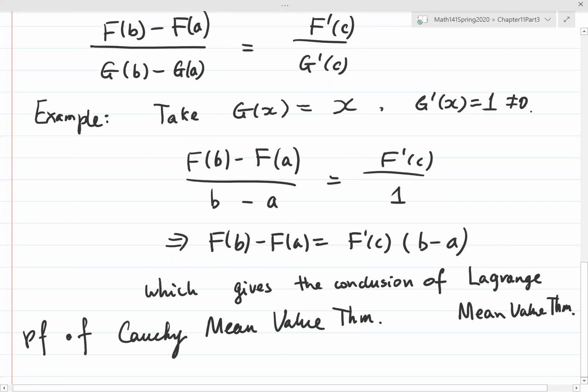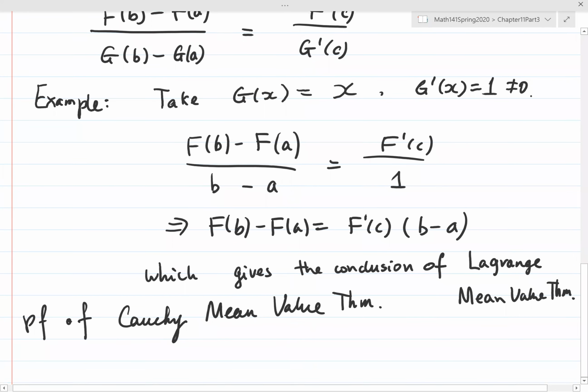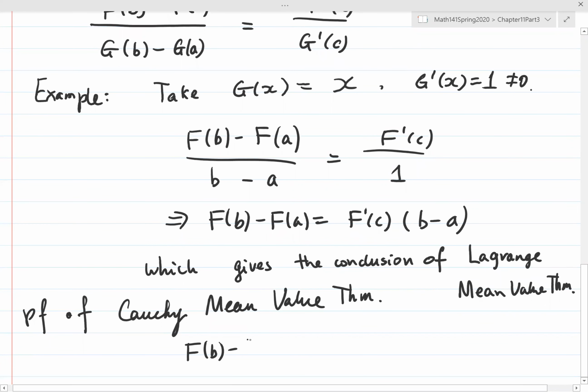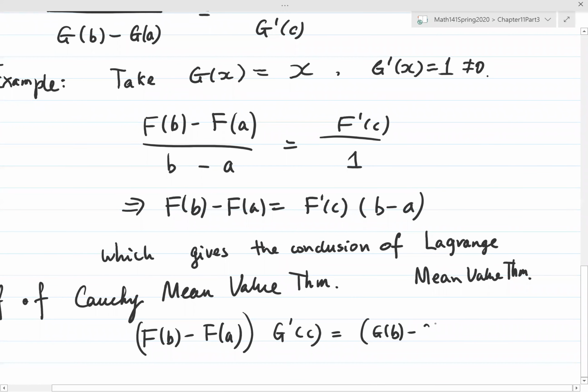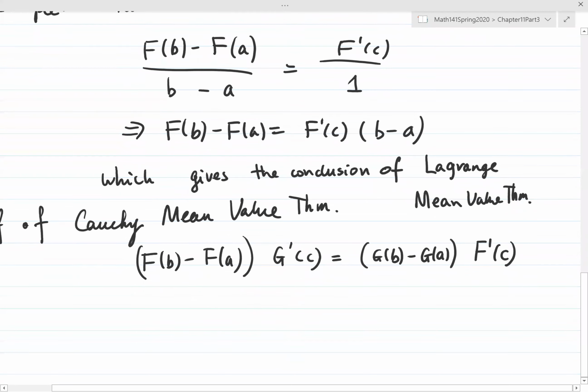These two fractions are equal, so we can cross multiply: (F(b) minus F(a)) times G'(c) equals (G(b) minus G(a)) times F'(c). What we construct is a function, since the derivative appears only with degree 1.